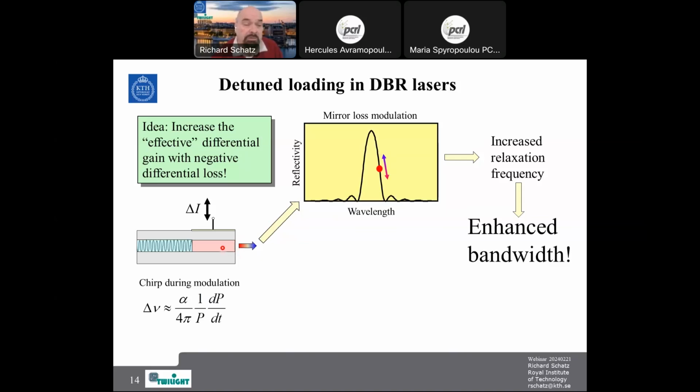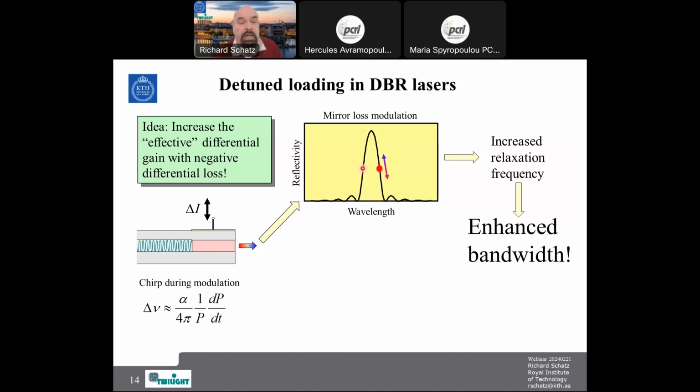So it means that when you increase the carrier density here, not only do you increase the gain, but you also reduce the optical losses. And that will give a higher effective differential gain. You change the gain minus the losses a lot if you are modulating on this flank here. So on this flank, you improve the bandwidth.